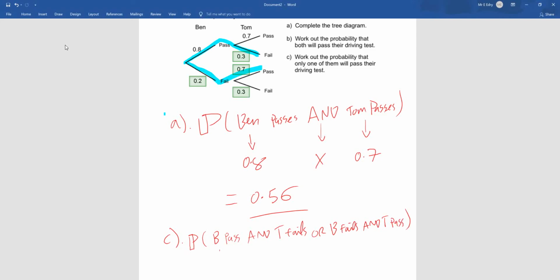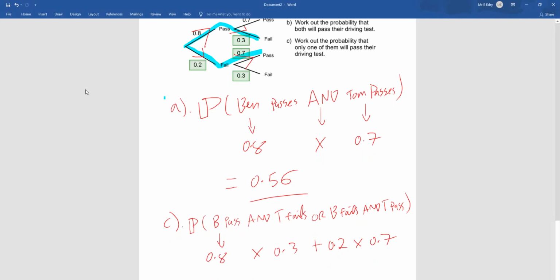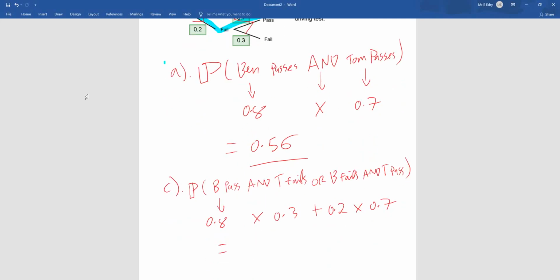So that's going to be, just putting the numbers in, 0.8 times 0.3 plus 0.2 times 0.7. Just following the branches. 0.8 times 0.3. 0.2 times 0.7. Let's calculate these. So we have 0.24 plus 0.14, which will give us 0.38.